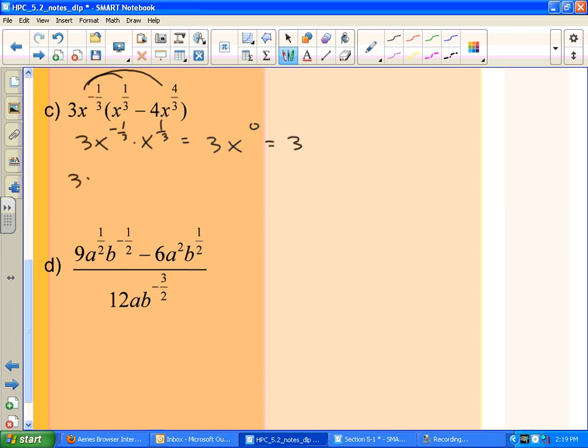When I do 3x to the negative 1/3 times the negative 4x to the 4/3, the 3 and the negative 4 are not being affected by the powers at all, so they just multiply together and get negative 12. Now I take my bases and add the powers: negative 1 plus 4 is 3/3, which is just x. Meaning my answer is 3 minus 12x.